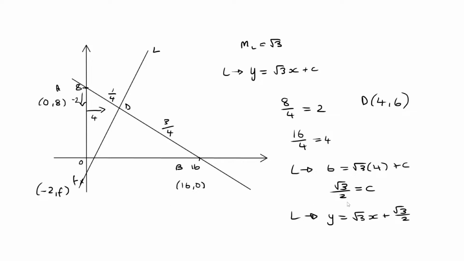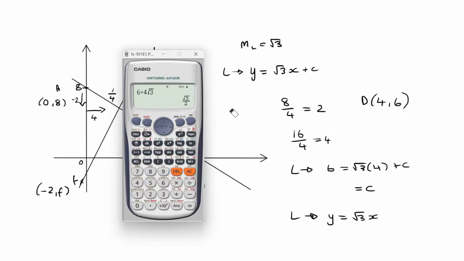Does that make sense? No, why have I divided it? I was thinking it needs to be negative. Let me redo that. Ignore me. We need to take it away. 6 minus, because it needs to be a negative number, because you can see on the graph it's negative. There we go. That's better. Oh, it's loads of decimals, that's not very helpful.